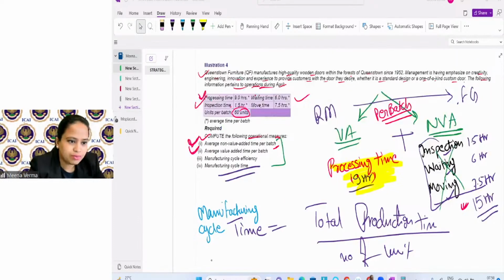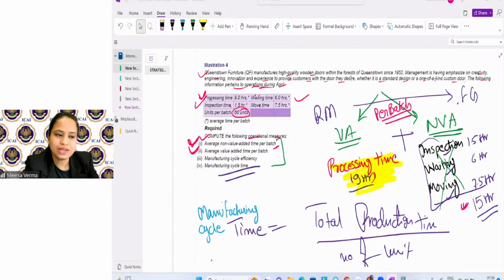If you have a doubt, please ask in the comments. 37.5, exactly. Why wait hours before processing starts? It is included in cycle time. See, the point is that, Janvi, it is time which you are taking for the production.